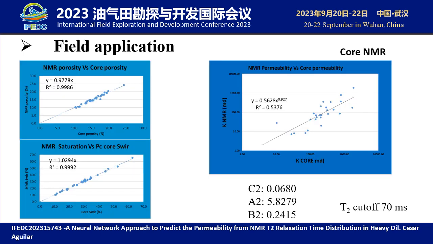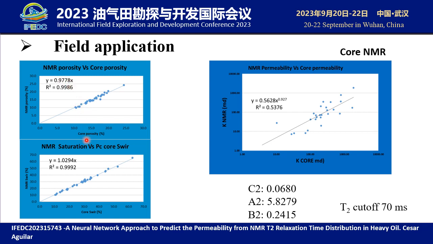We want to use NMR experiments in order to optimize SDR model parameters for predicting permeability. If you put one plot between NMR porosity and traditional core porosity, you will see there is a good match with a high correlation coefficient, and the slope of the plot is almost 1.